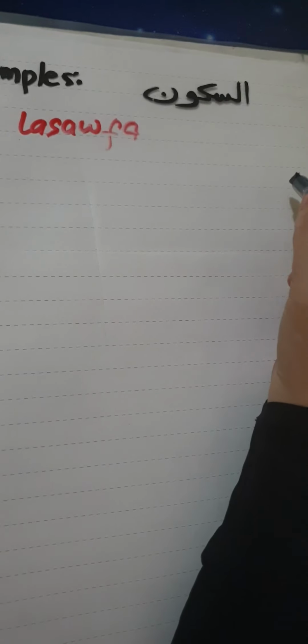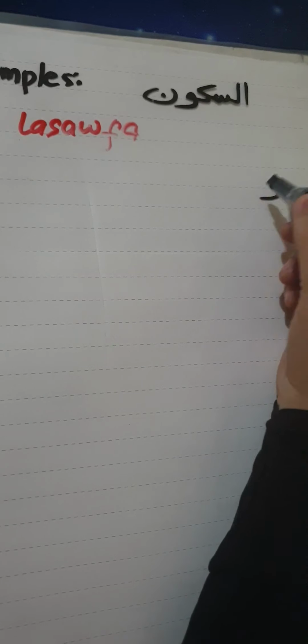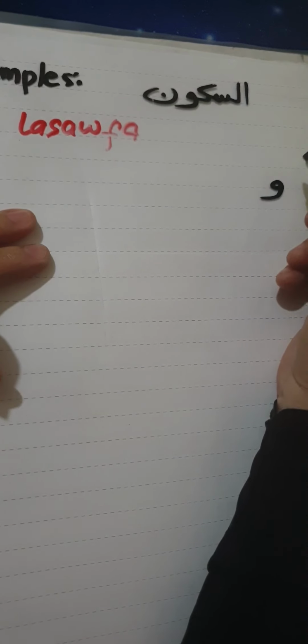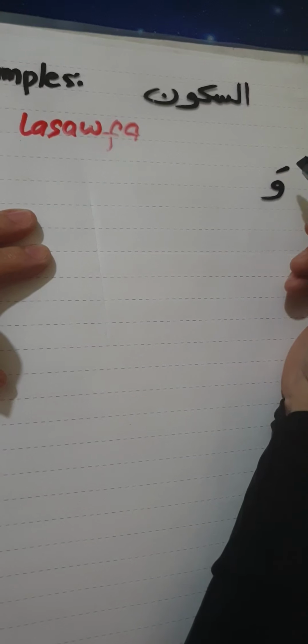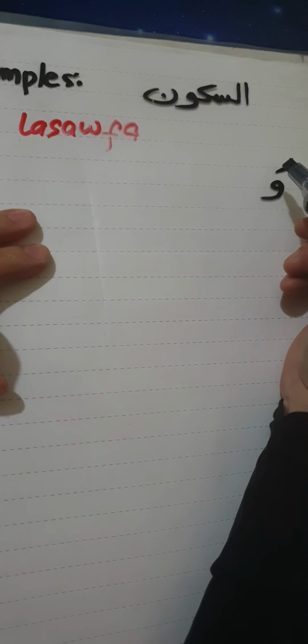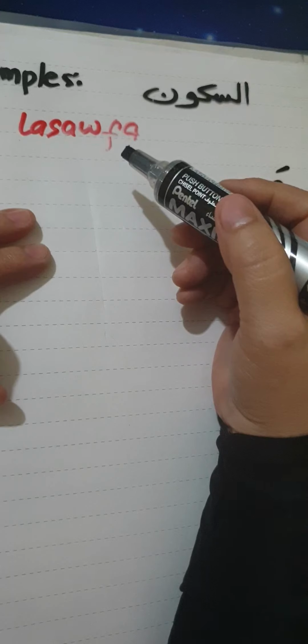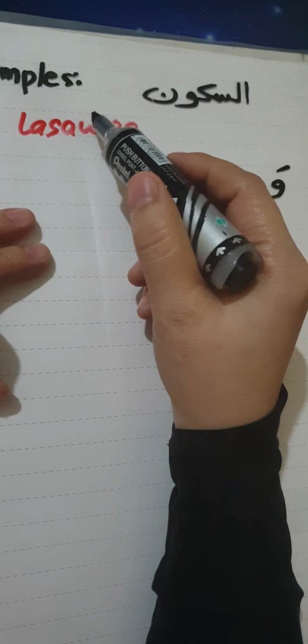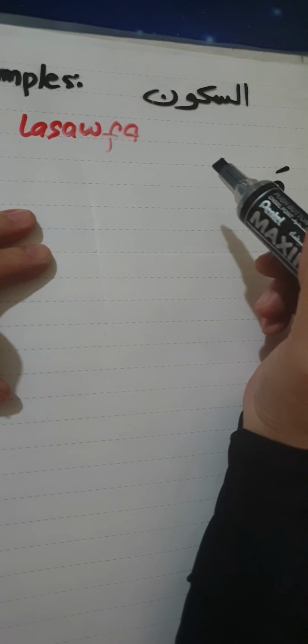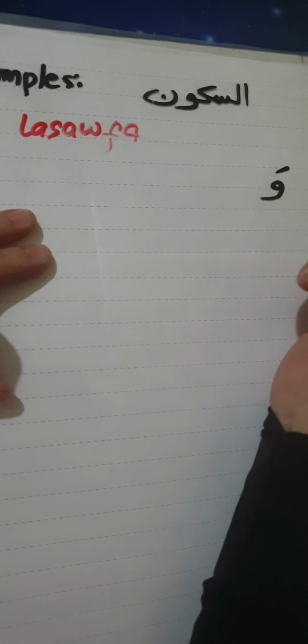Wa with a fatha in the initial form, and then the lam with a fatha, the sin with a fatha, okay, and the waw is sukoon, and the fa is the fatha.